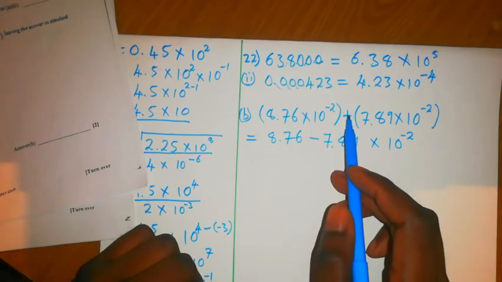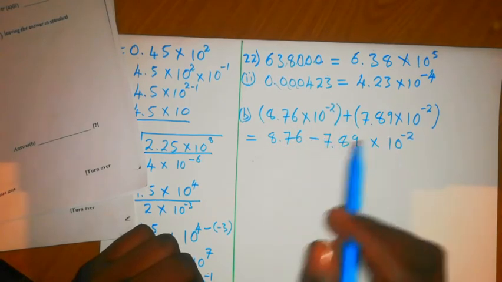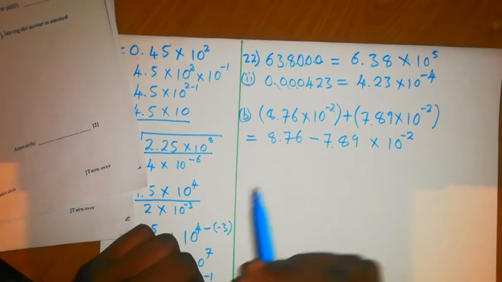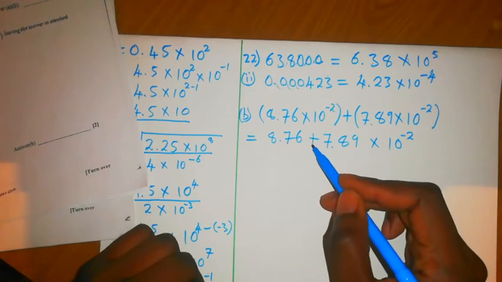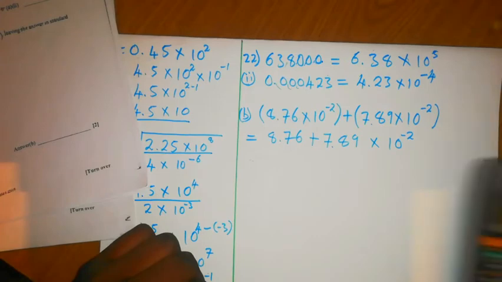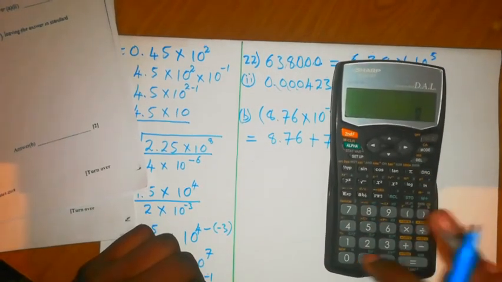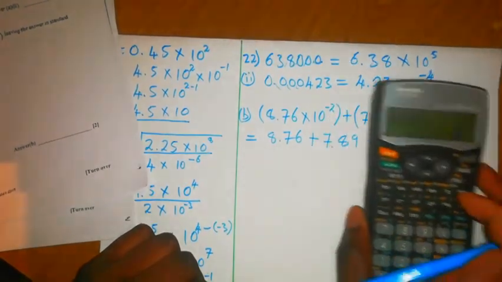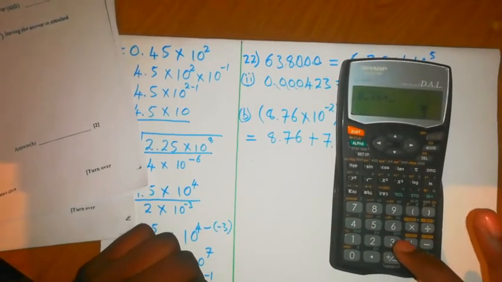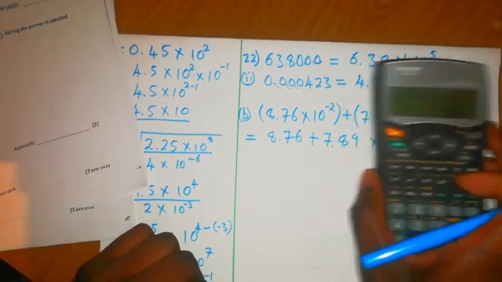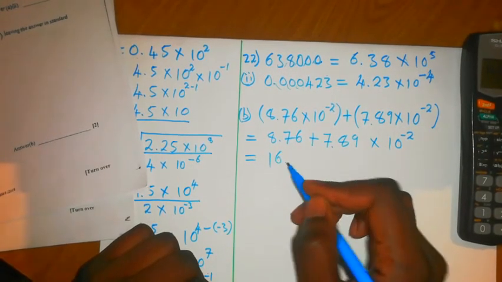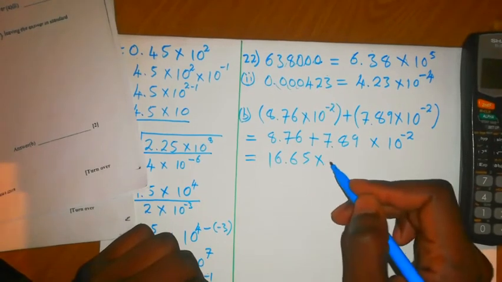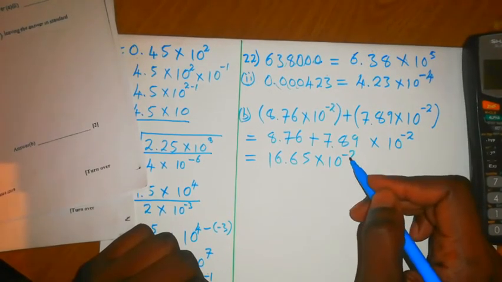Then if it's addition or subtraction here, we simply add or subtract our numbers there. So in this case, it's 8.76 plus 7.89, so that's equal to 16.65 times 10 to the power negative 2.